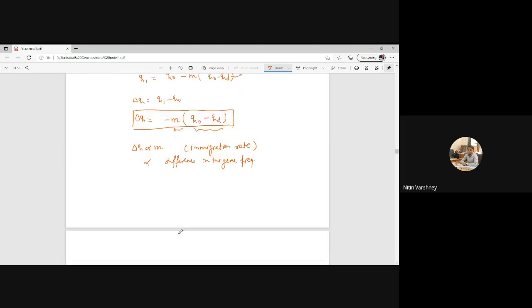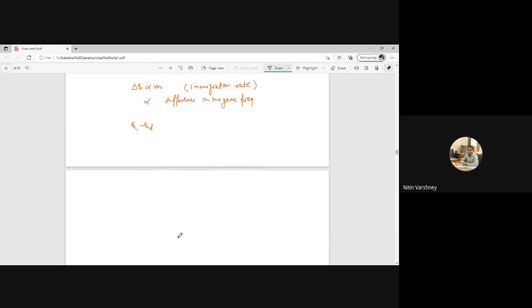Likewise, we can calculate Q1 minus QD after one generation, two generations, three generations. After the nth generation, we can calculate m using this important formula: m is equal to 1 minus Qn minus QD upon Q0 minus QD, all to the power 1 by n.